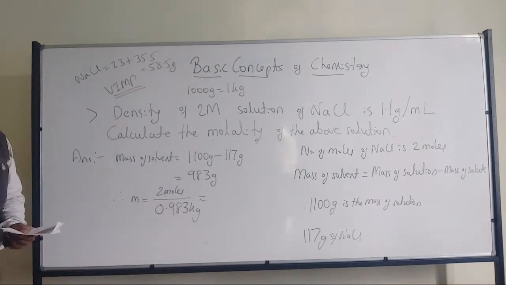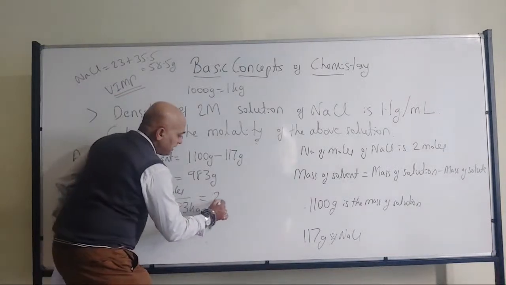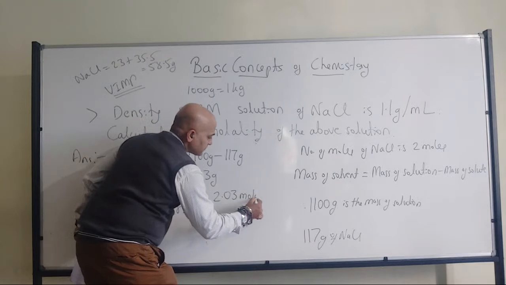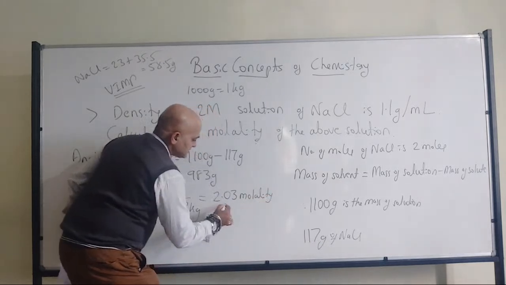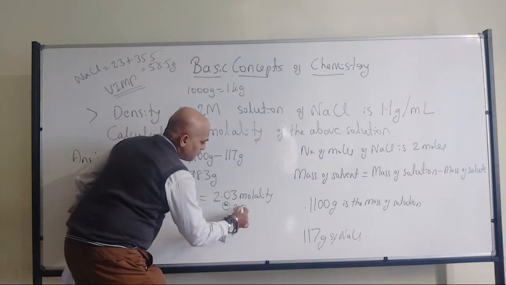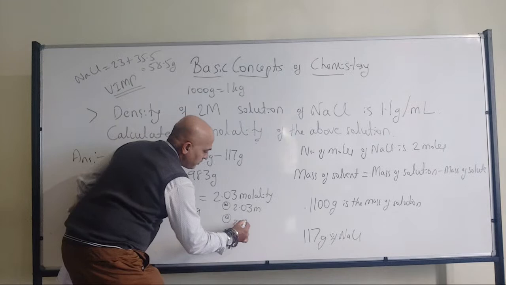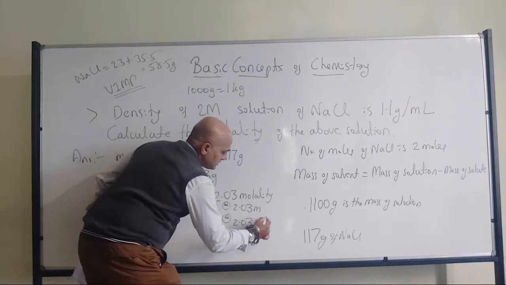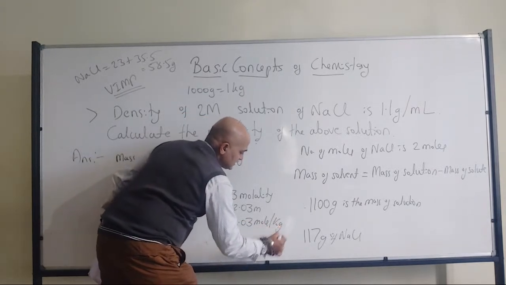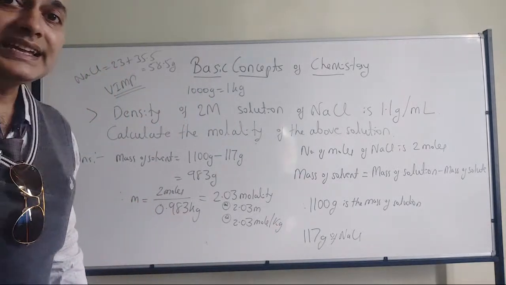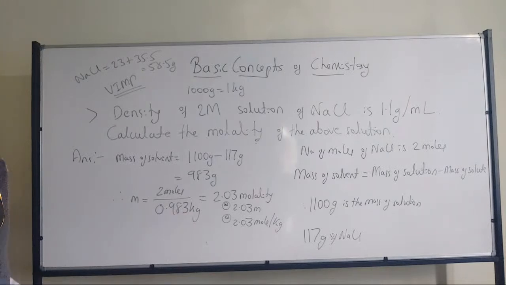So the final answer will be 2.03 molality, or you can simply mention it as 2.03 small m, or you can mention it as 2.03 moles per kg of solvent. Got my point? So that's where we have the molality.